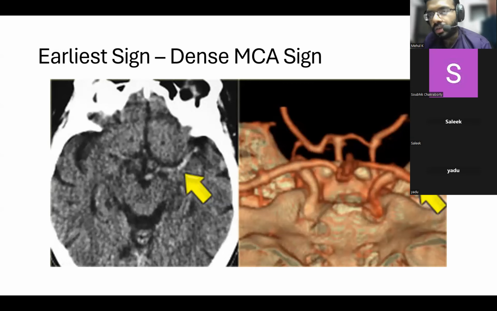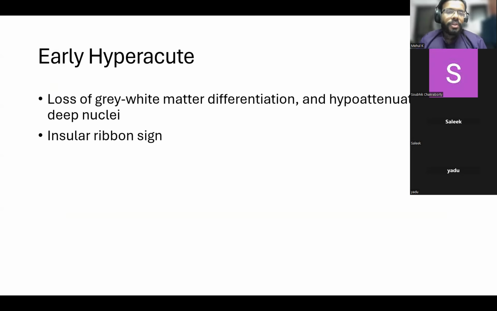It is a sign of an acute infarct. Other signs of a hyperacute infarct include loss of your normal insular ribbon sign, loss of the gray-white differentiation, or disappearing basal ganglia. So these are the other signs that you can look for in the hyperacute phase.